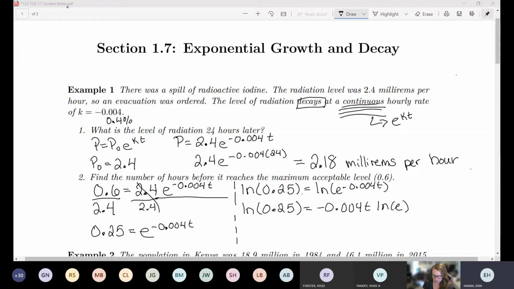And just to show that it's still the same thing, the natural log of e is 1, but maybe you don't want to do that.